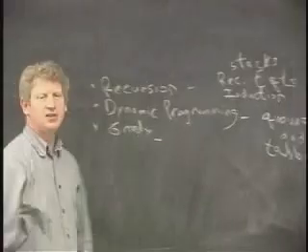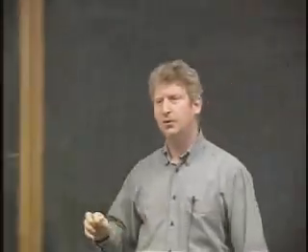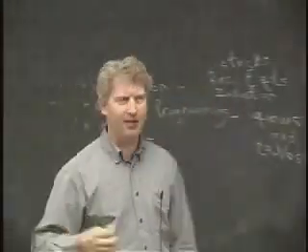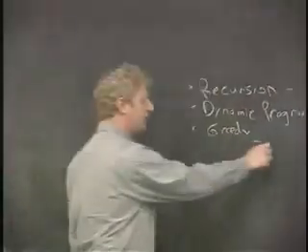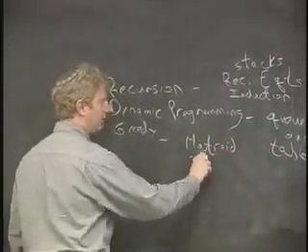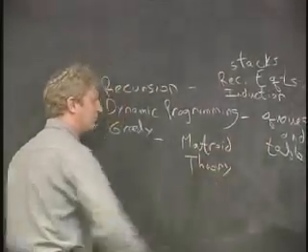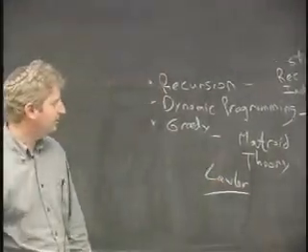The greedy strategy has a large mathematical theory behind it, which is way too complicated for this level course. We didn't even touch on it in discrete math. It's really kind of an upper level course that relates to this, but it's really cool, and it might be a nice topic for this class later, called matroid theory. There's a nice book by Lawler about matroid theory. I have it in my bookcase.